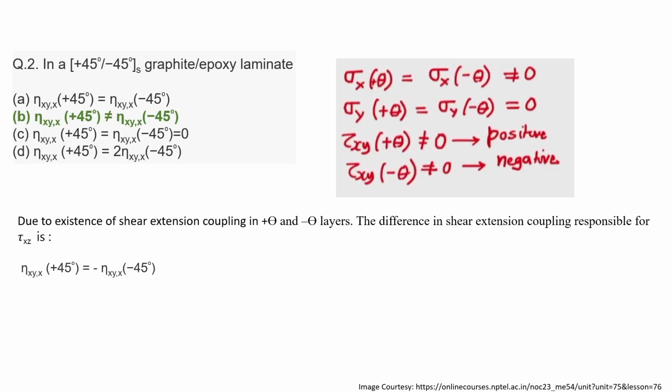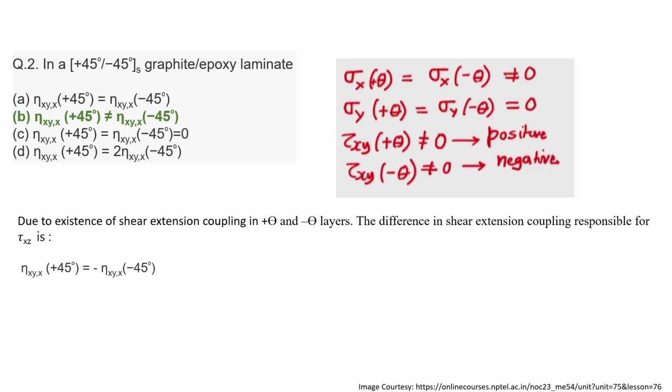The next question is that in a plus 45 degree, minus 45 degree symmetric graphite epoxy laminate, which of the options are correct? The options are: A, eta xy,x for plus 45 degree is equal to eta xy,x for minus 45 degree; eta xy,x for plus 45 degree is not equal to that of minus 45 degree; or these two are the same and equal to 0; or eta xy,x plus 45 degree is equal to 2 times eta xy,x minus 45 degree.